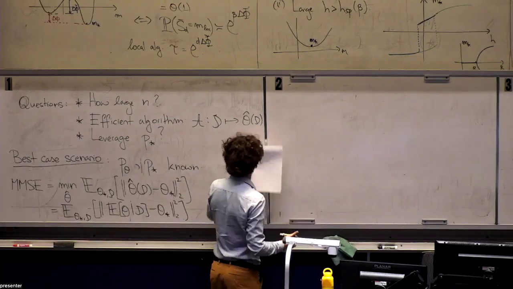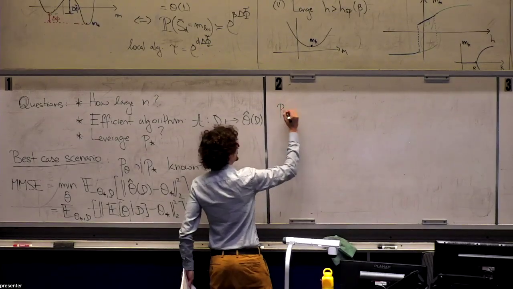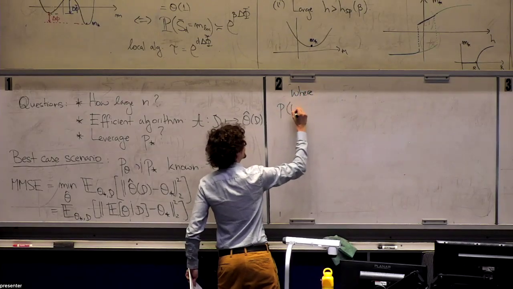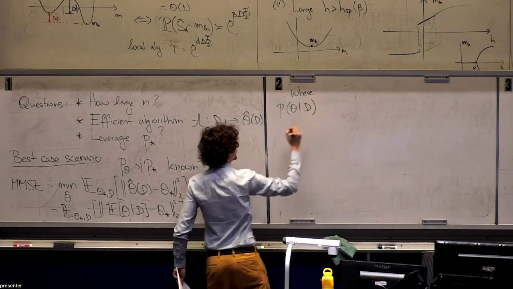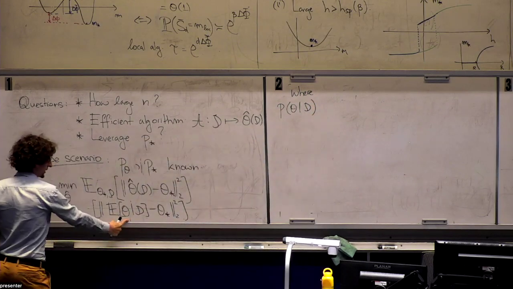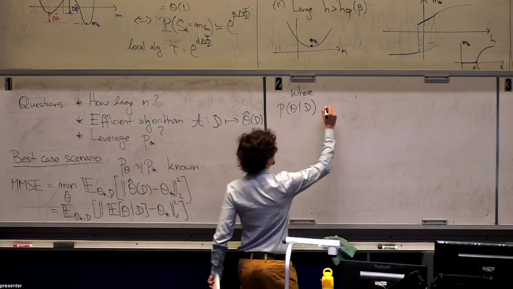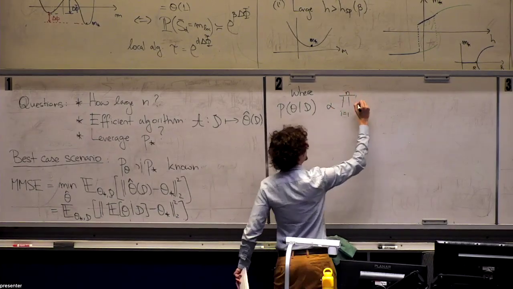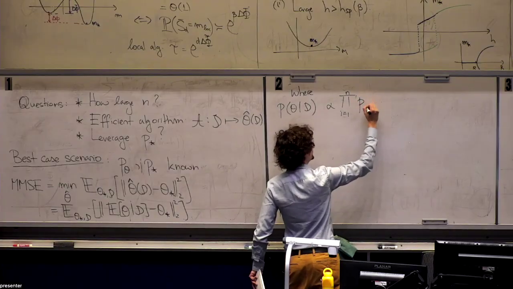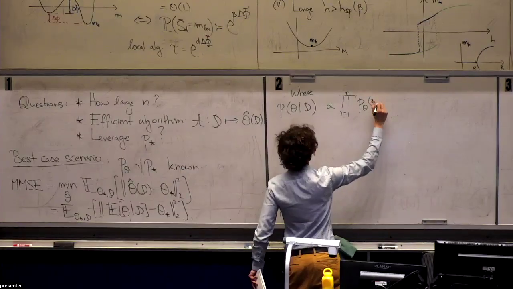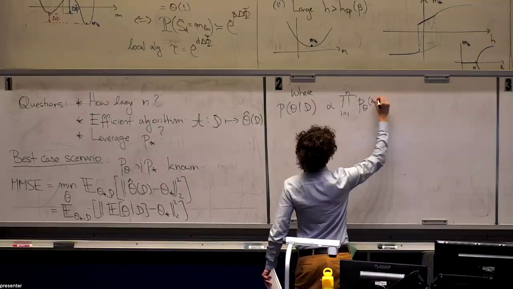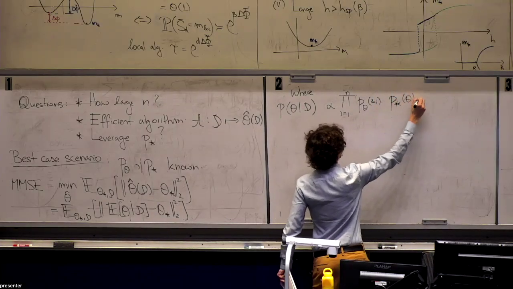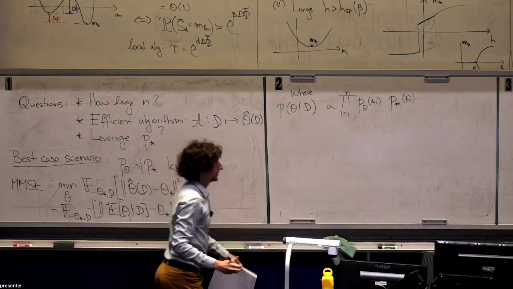Let me just be explicit: P of theta given D, the distribution that I take the expectation with respect to, is proportional to the product from i equals 1 to n of the likelihood P of theta, Zi, times P star of theta. So that's the posterior distribution.